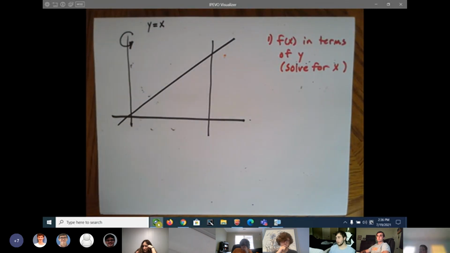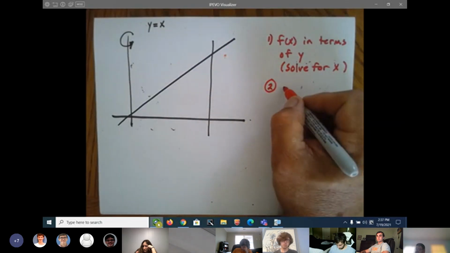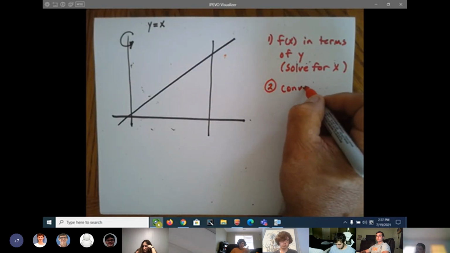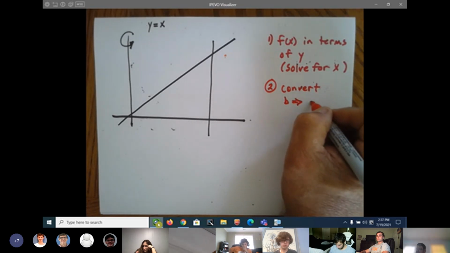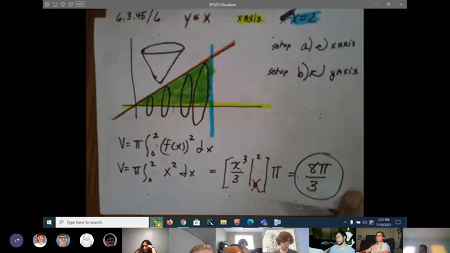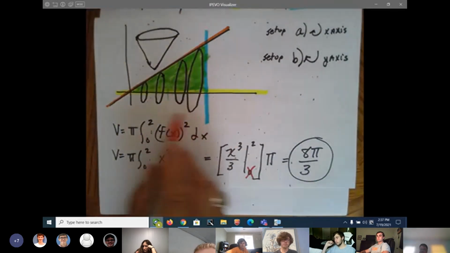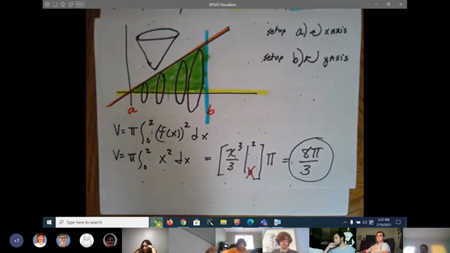Okay? Two, what do you have to do next? You have to convert b into d. In a to b, when you're revolving around the x-axis, you go from a to b.